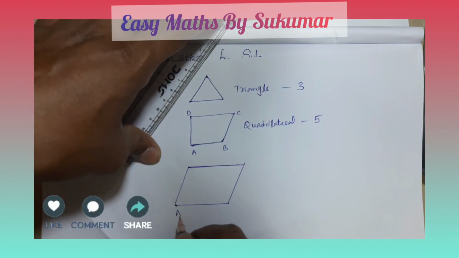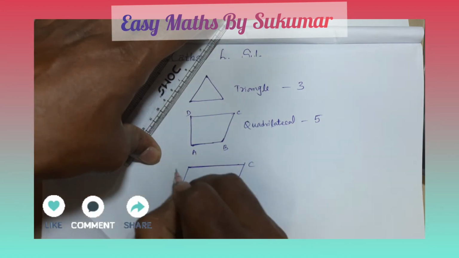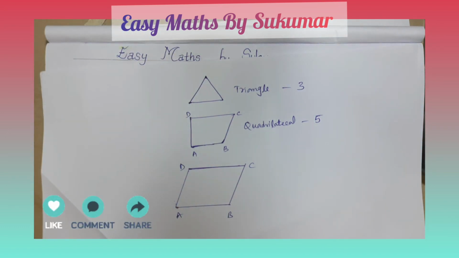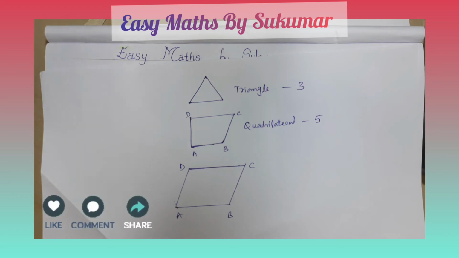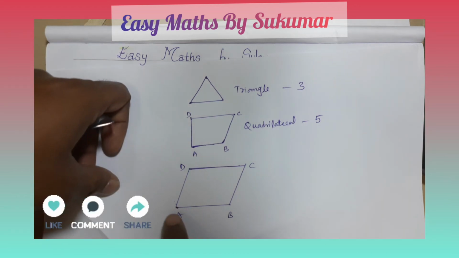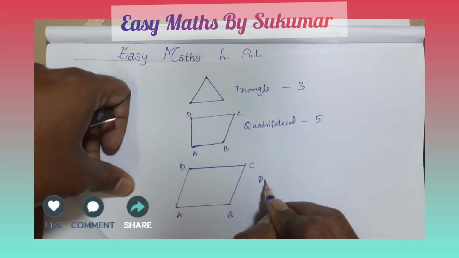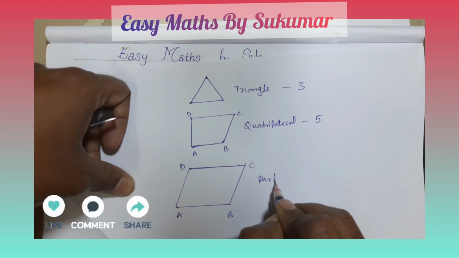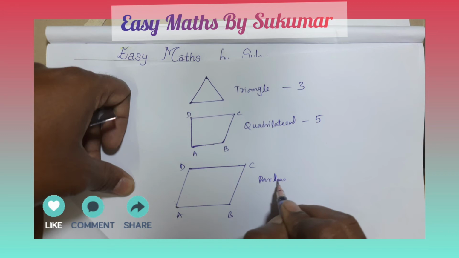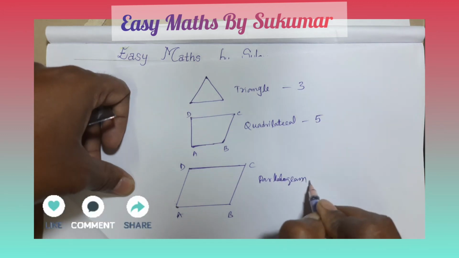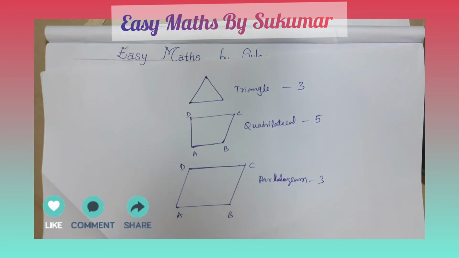So this ABCD is a parallelogram. Okay, so to construct a parallelogram we need three independent measurements.